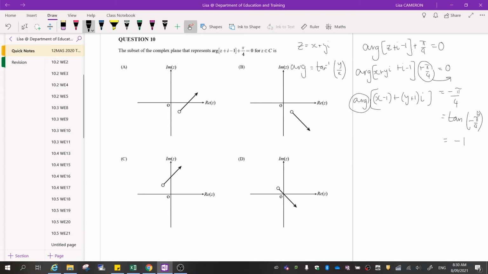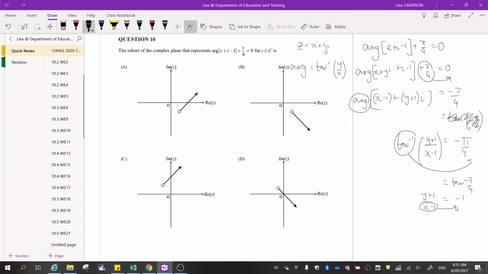So over here, I take it across, I do the inverse of this, which means that I'm getting that to be that. Okay, so the next thing that I need to do is, okay, so now I've got it to this point. I can take this to the other side by changing it just into regular tan. So tan minus pi on 4 is equal to -1. And now I've got y plus 1 over x minus 1.